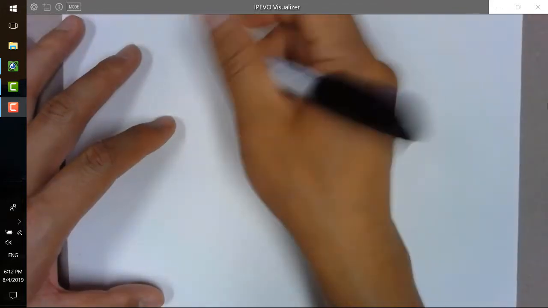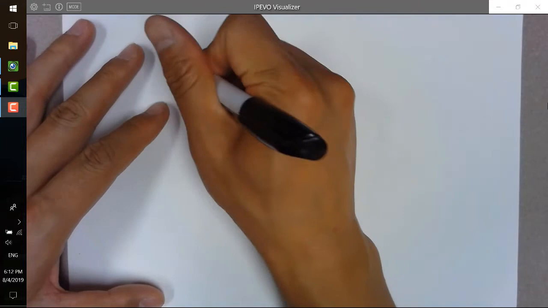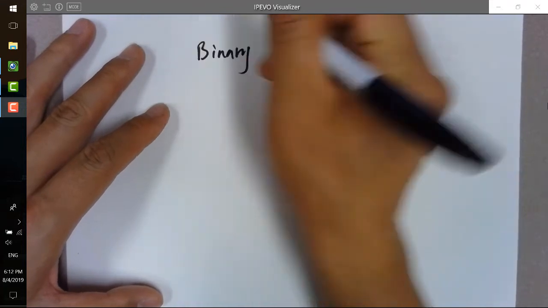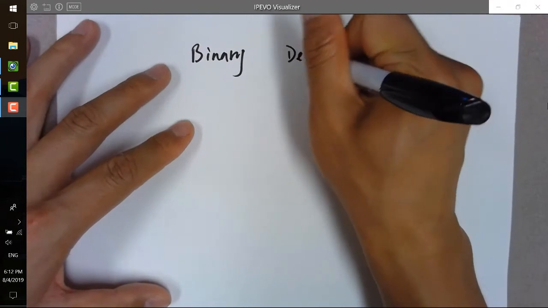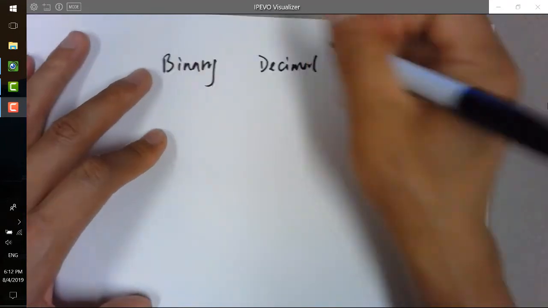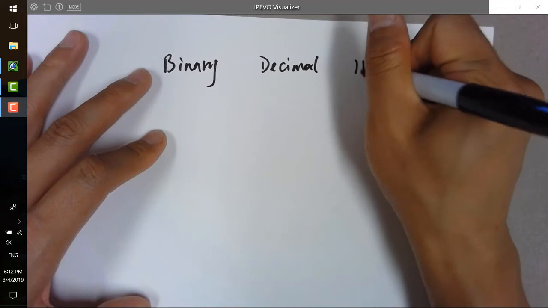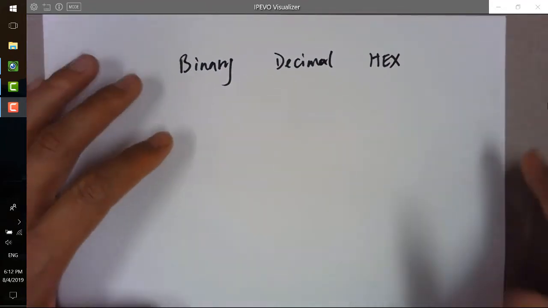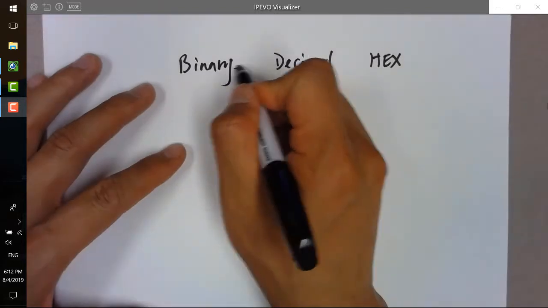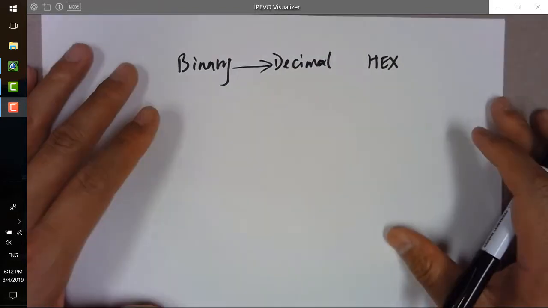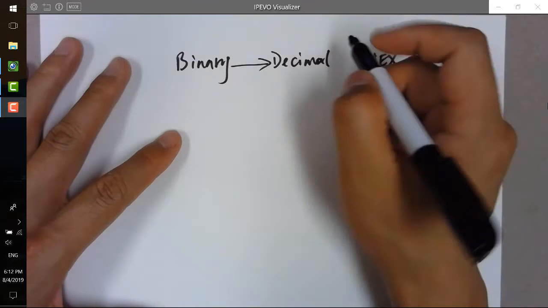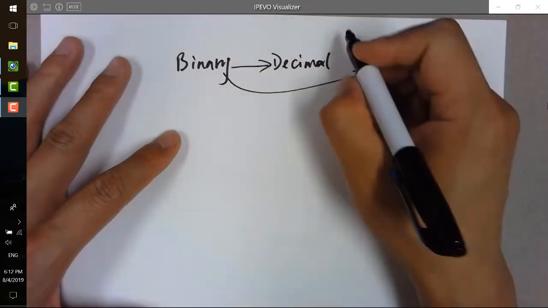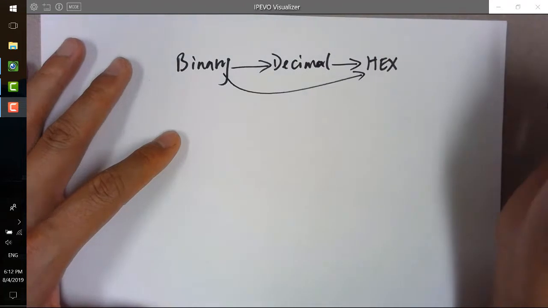So let's take a look at these three number systems: binary, decimal, and hex. How can you convert a binary number into a decimal number? How can you convert a binary number to a hex number? How can you convert a decimal number into a hex?